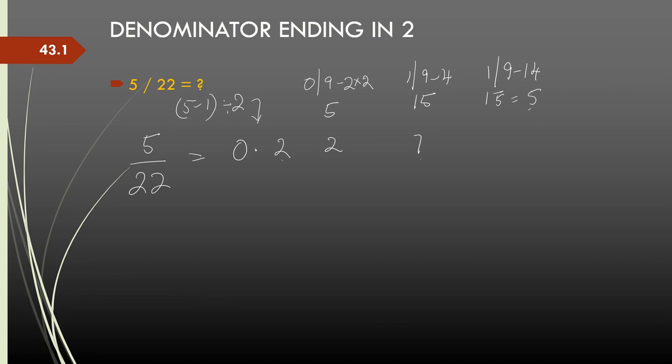Now, this 5 I divide by 2 again, so I get 2, remainder 1, and then 9 minus 4. So, this is 15, then it gives me 7, and this will continue. So, this is 0.227272 etc., it will continue.